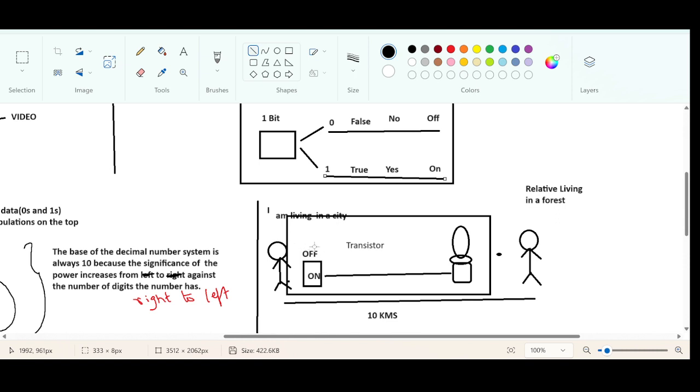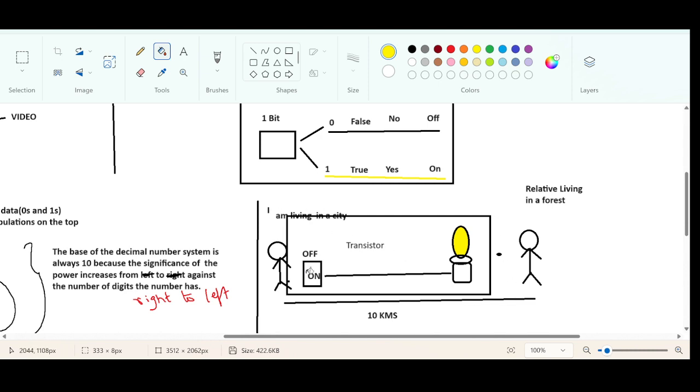If you are in danger, you will turn on the switch, and since the connection is already established, it is going to give information to your friend that you are in trouble. If you turn off the switch, you are safe. Right? With the help of a switch and a bulb, information is getting transmitted. A communication is happening. The communication is established. So this is a typical way of representing 1 bit information, 1 bit memory.